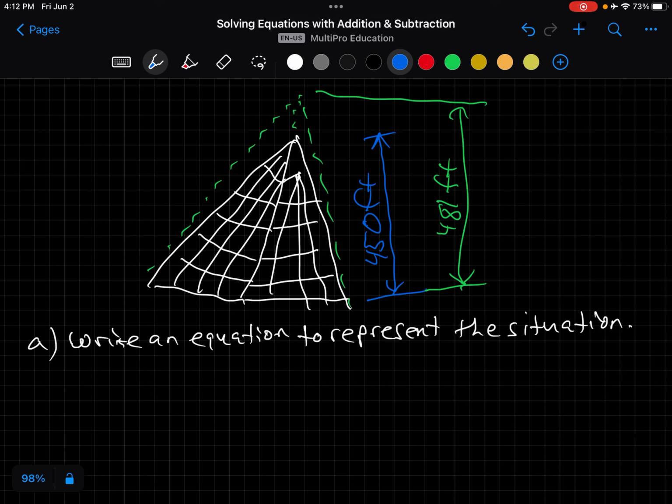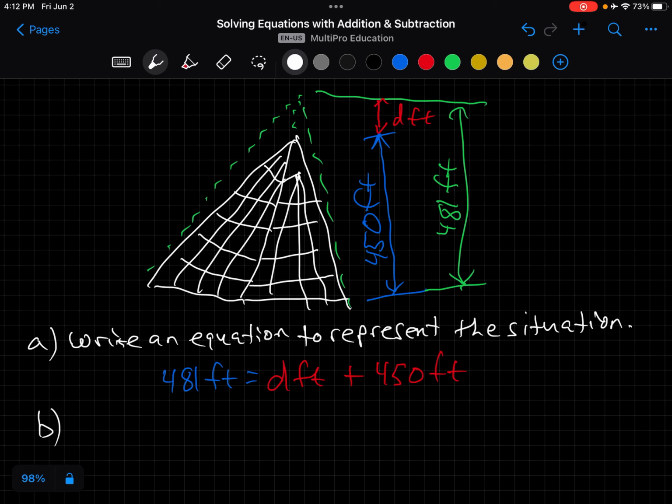So we know that the total height used to be 481 feet. And now there is a difference here of d in feet. So d plus 450 feet. So that's an equation to represent this.